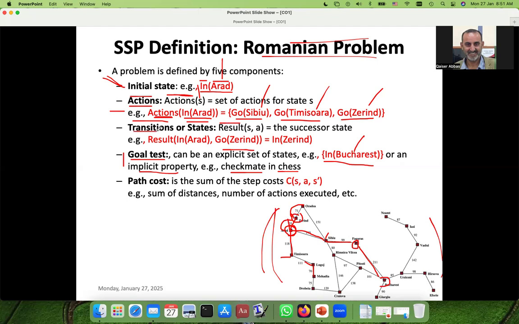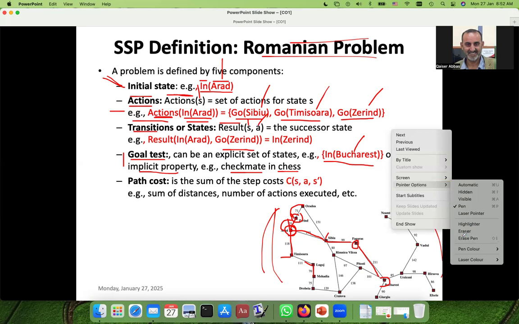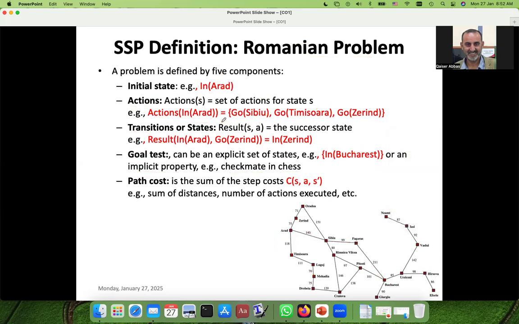So result: what is the result if the agent goes from state S and performs the action A? This is the meaning of that. I can remove all that drawing and explain it later. So in this way, you will write result, and then the state S and the action that you will perform on this state S.